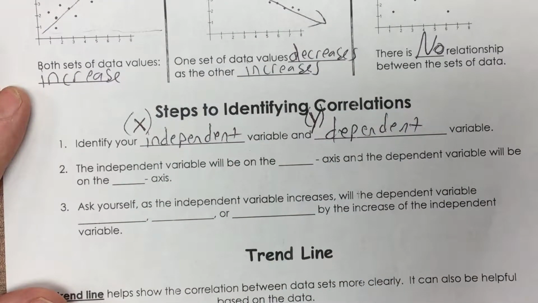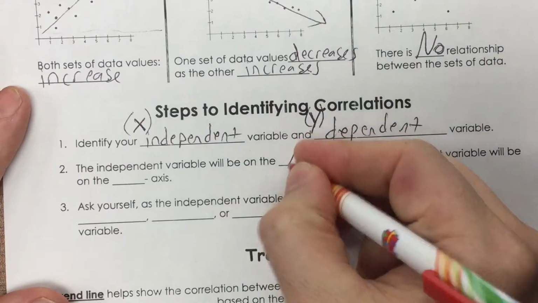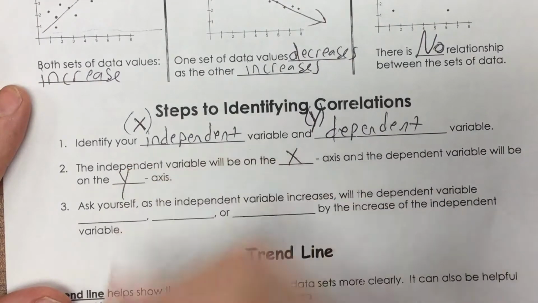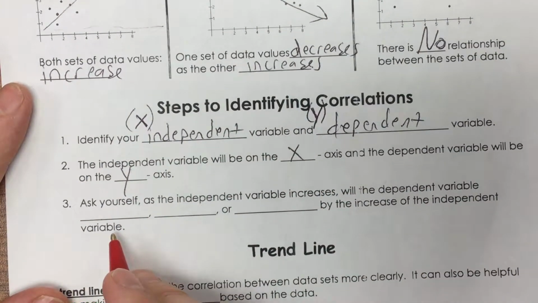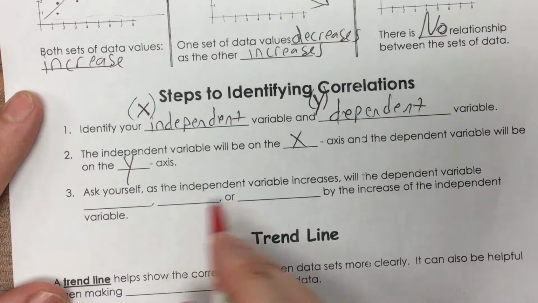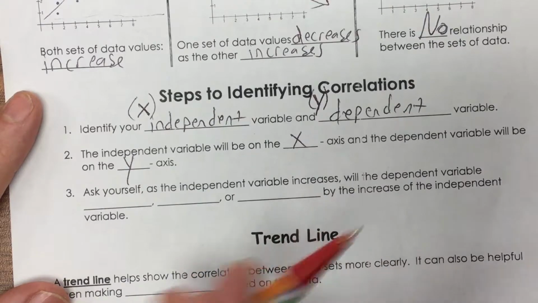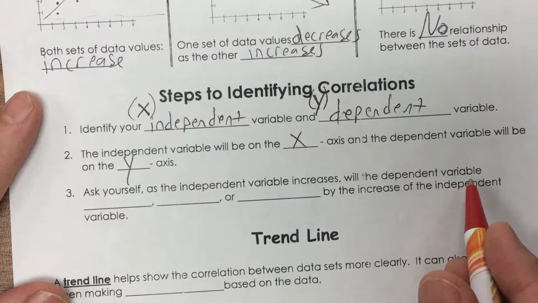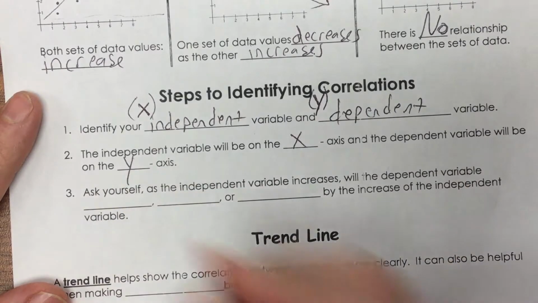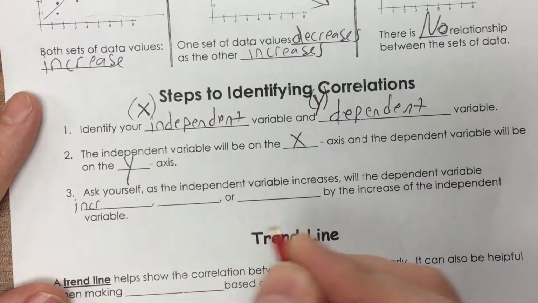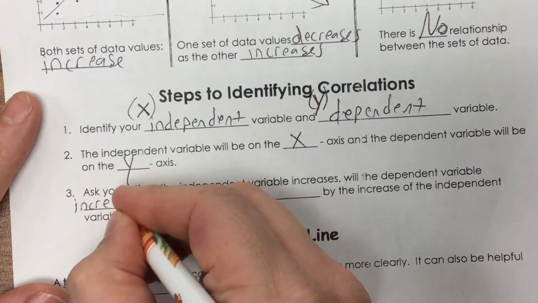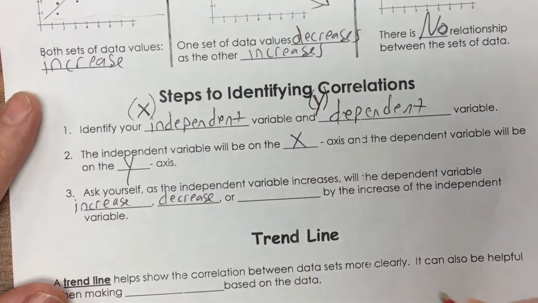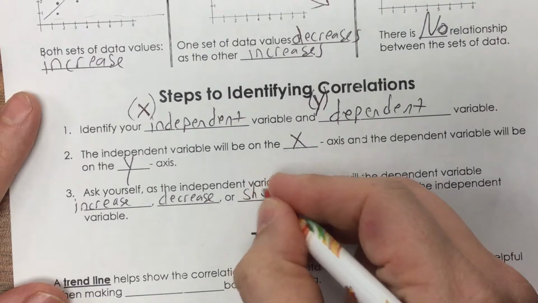Okay, the independent variable will be on the x-axis. The dependent variable will be on the y-axis. Ask yourself, as the independent variable increases, as you're going this way on the x-axis, will the dependent variable increase, decrease, or show no relationship?